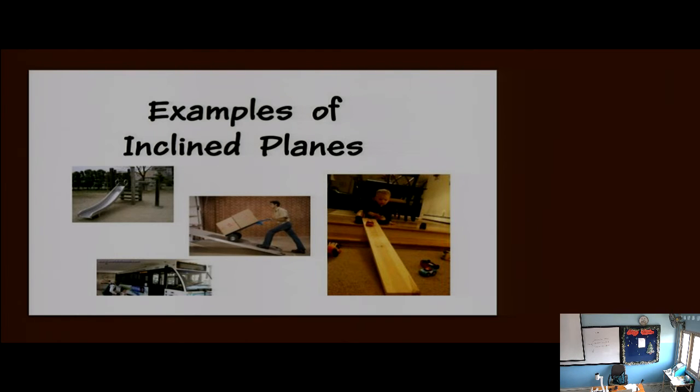Even when you board the bus, you have a small inclined plane. Instead of steps, you have a small inclined plane. Understood? Did you understand inclined plane? Why do you use inclined plane? To move heavy objects. Very good.